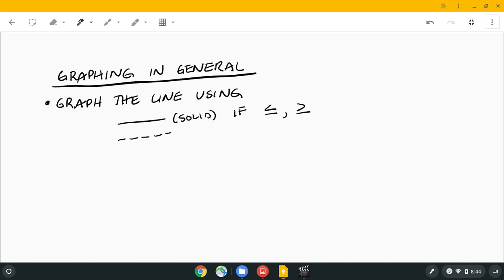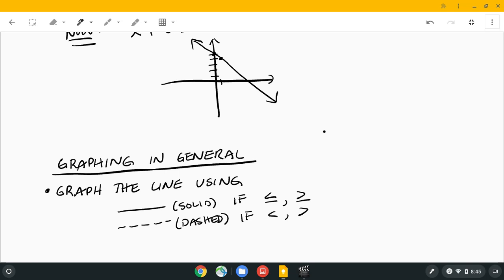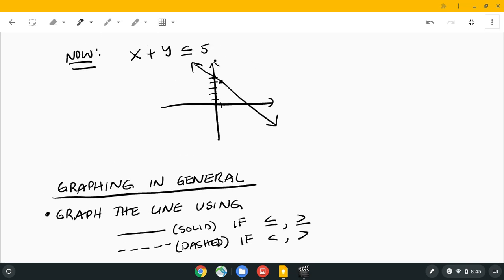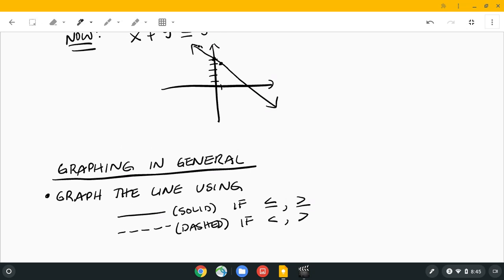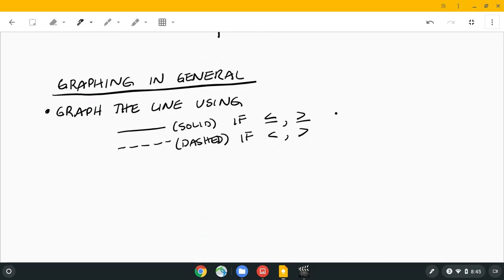You'll use the dashed line if you have the strict inequality, so strictly less than 5 or greater than 5. Remember, the line is where it equals 5. So if we want less than 5, that's our boundary, but it's not included as part of our solution.